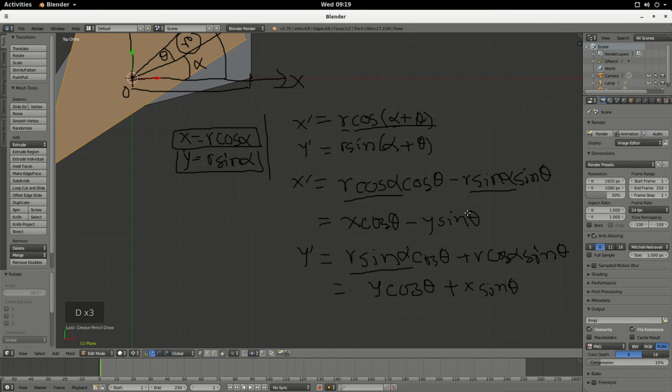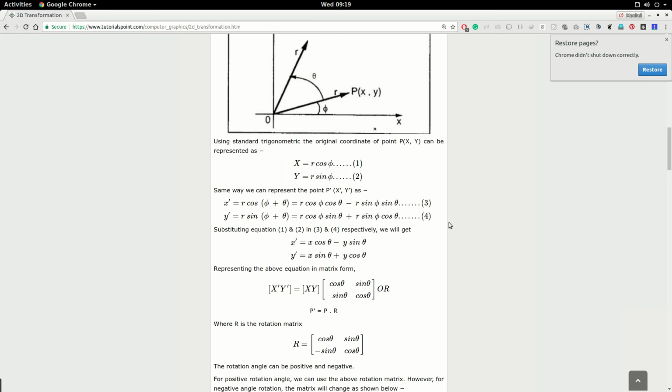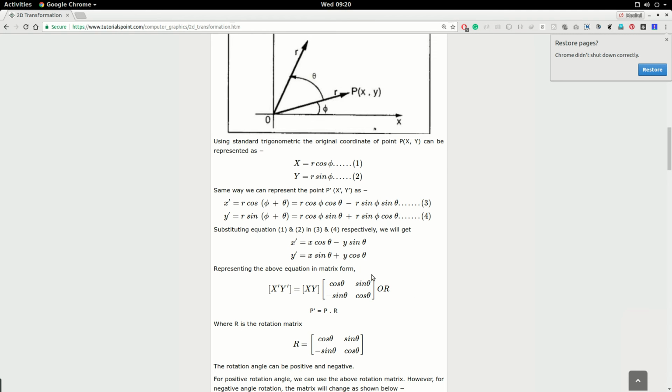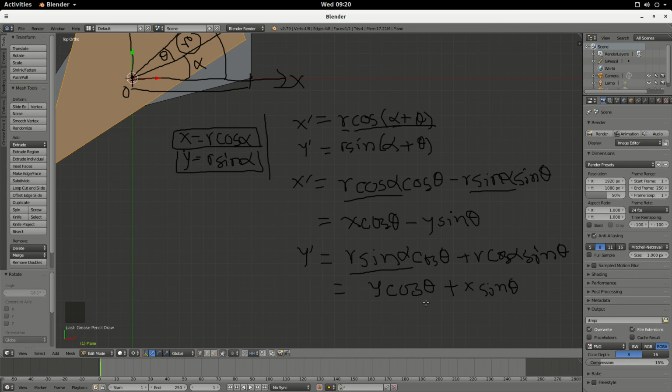Is that clear? So let us just double check if we got them right. X cos theta minus Y sin theta. That's the formula. And for Y prime, X sin theta plus Y cos theta. Is that clear?